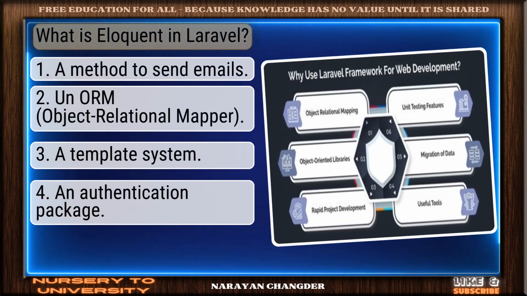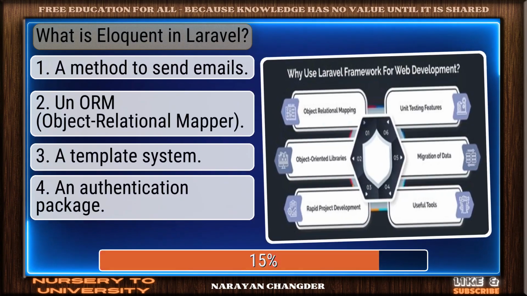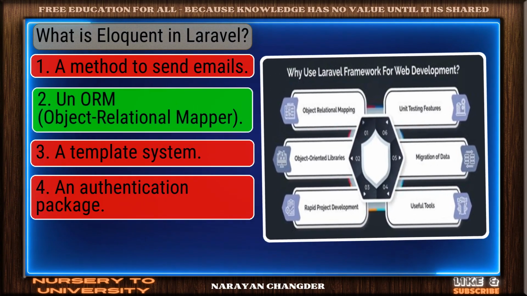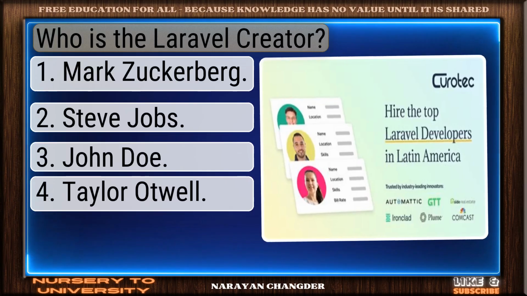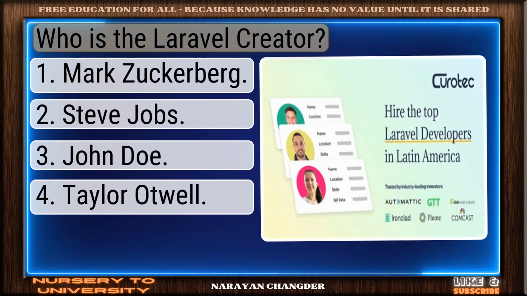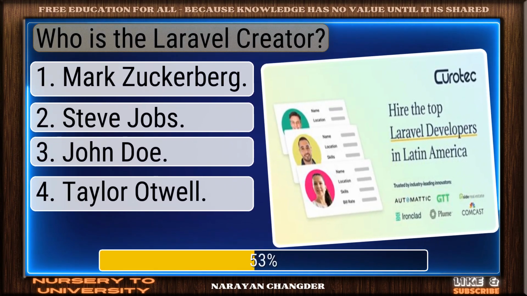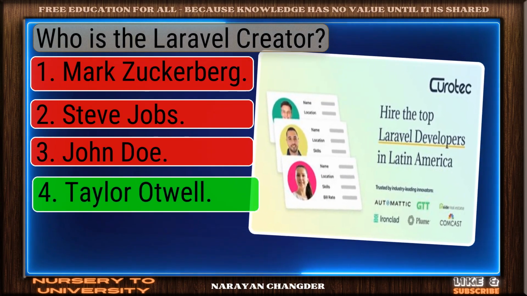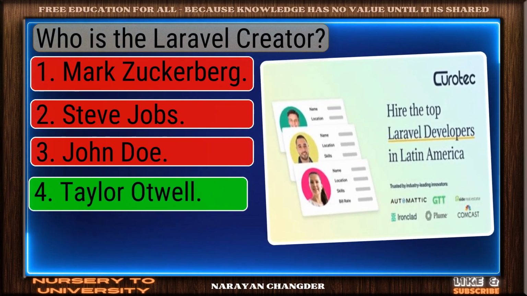Question number 70. What is Eloquent in Laravel? Nice selection. ORM is the correct and valid answer. Question number 71. Who is the Laravel creator? Excellent choice. Taylor Otwell is the right answer.